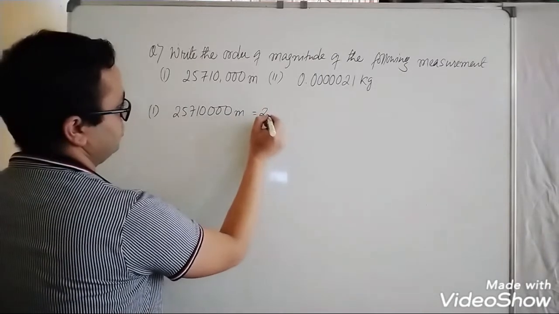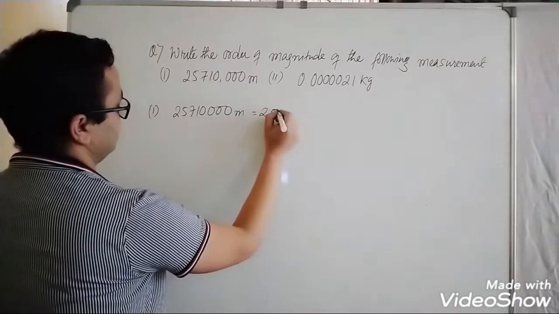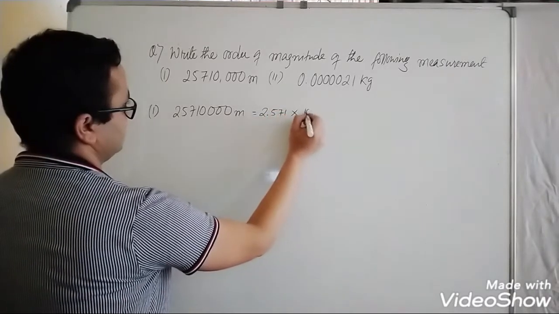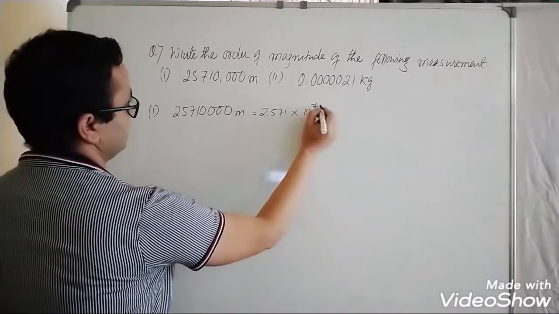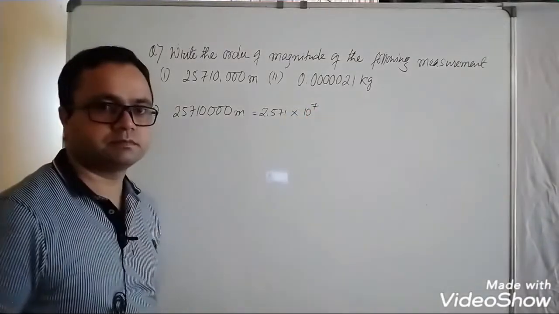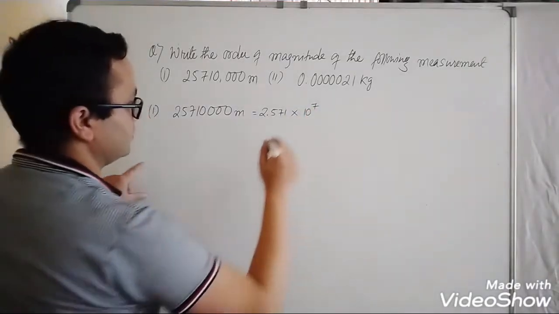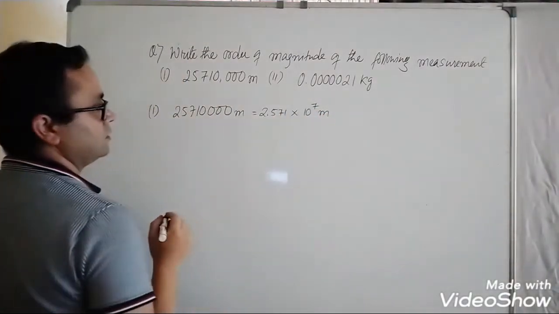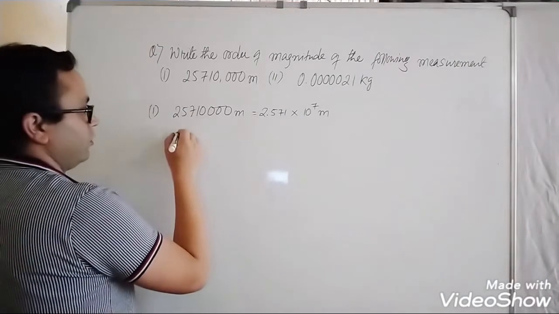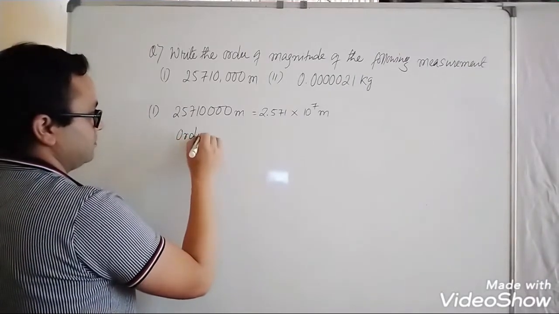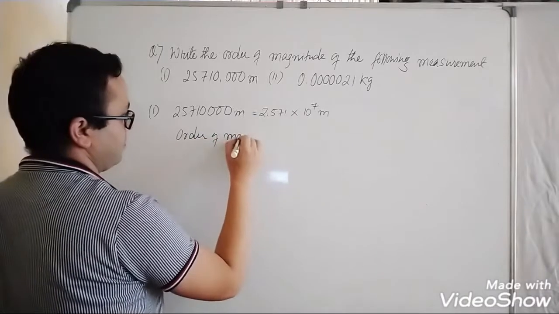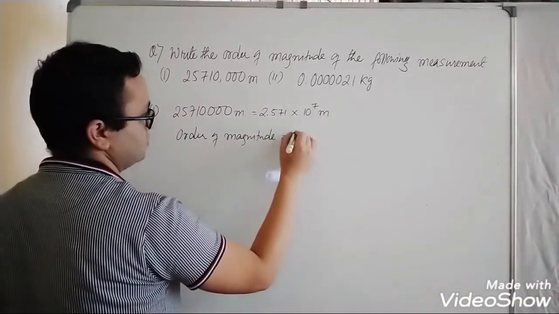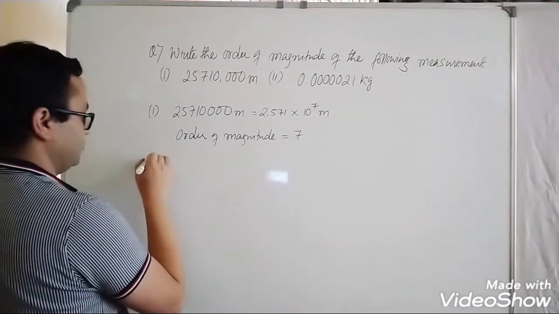So it is 2.571 into 10 to the power 7 meter. Here we took the least significant digit, so the order of magnitude is 7.